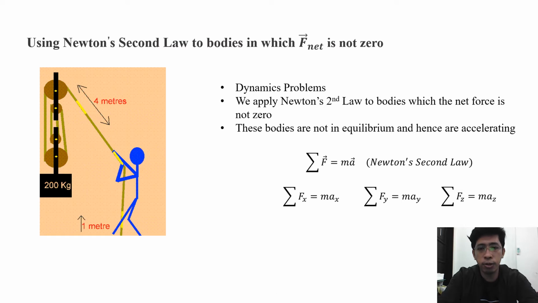We're going to use these equations for the problems in the next slide. And by the way, we're still going to use the same strategies that we applied to particles in equilibrium in solving problems which are now accelerating.